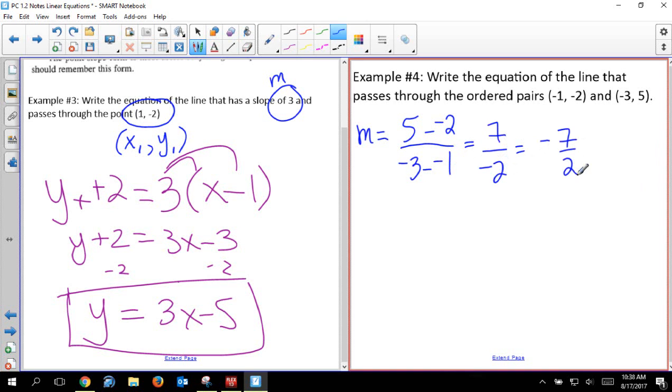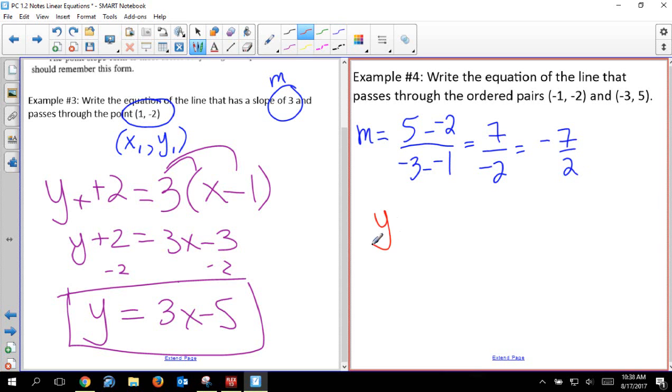And then we're going to do point slope form. Which point should I use? Doesn't matter. So you pick your favorite. I'm going to pick the first one, but you can pick whatever one you want.